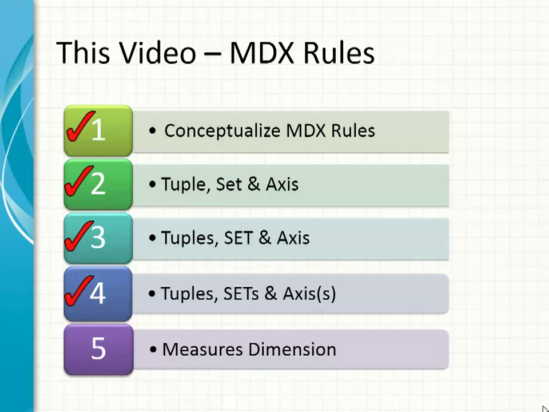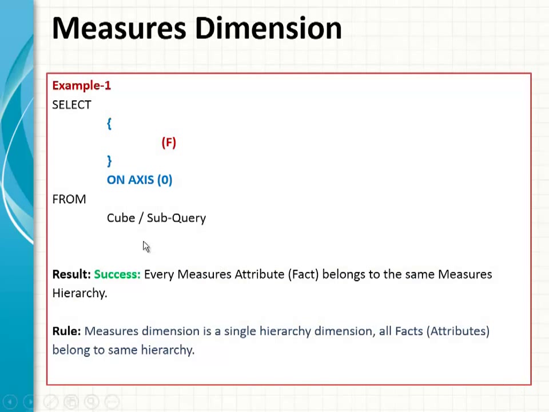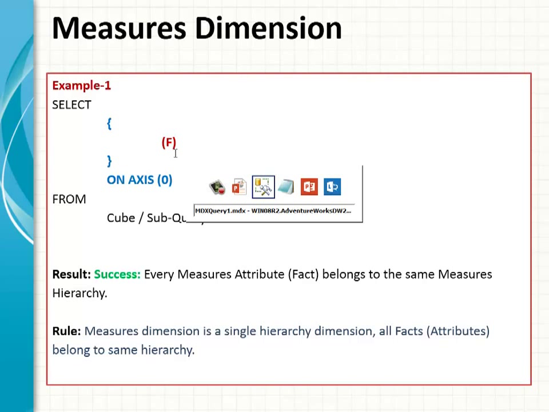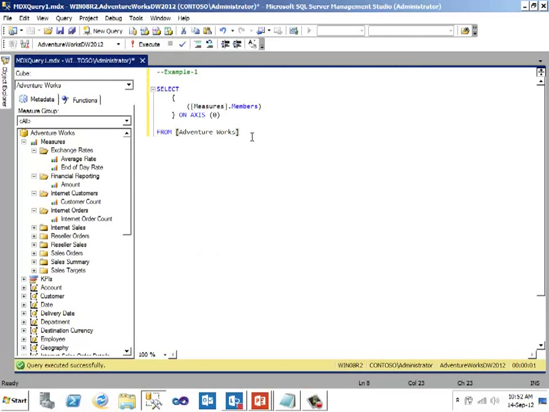Now we'll see the examples about the measures dimension. In this first example, we have a query structure having a single axis, a set of a single tuple where we give the dimension name. Let me switch to SQL Management Studio. In this example I use the measures dimension name with .members.